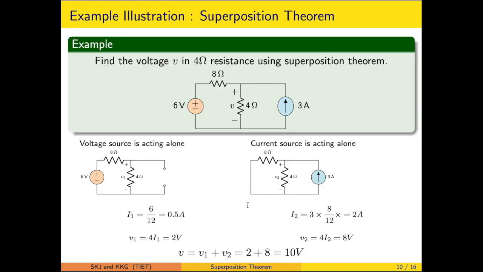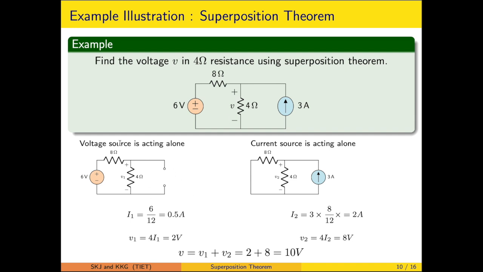Now as an example, just to demonstrate, two independent sources are considered: one is a voltage source, another one is a current source. The intention is to calculate the voltage across this 4 ohm resistor.